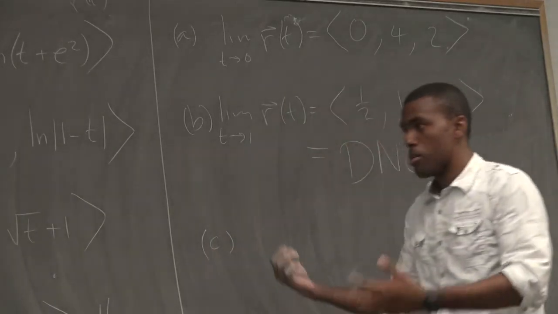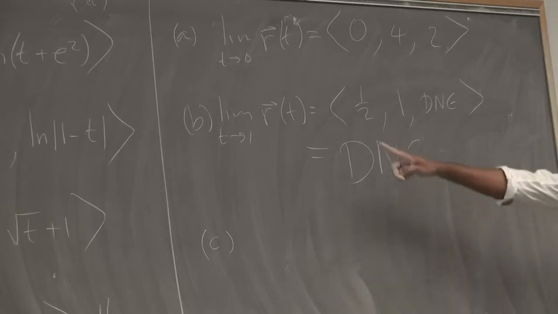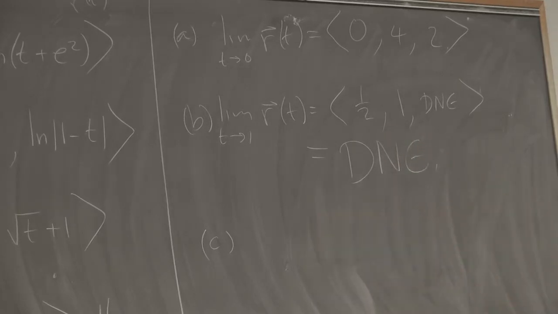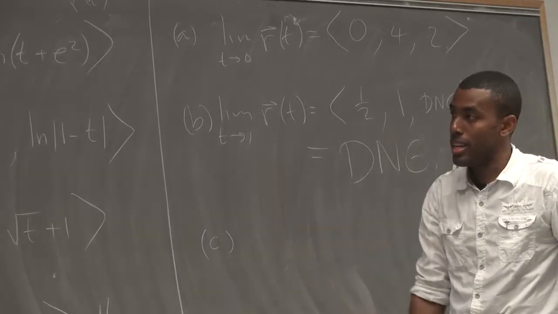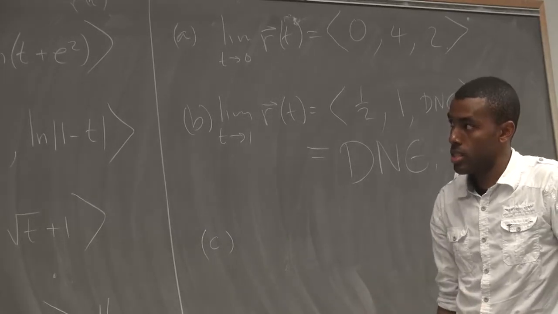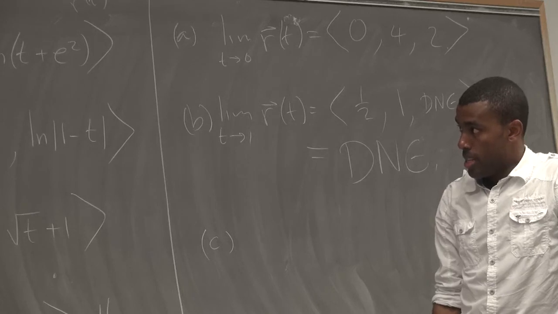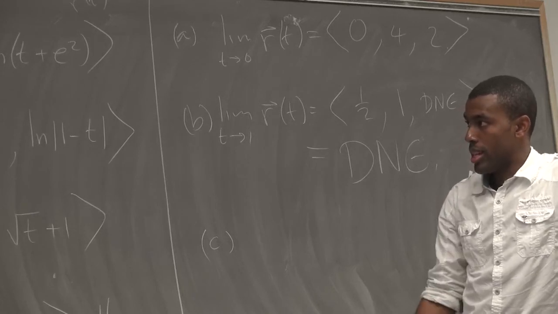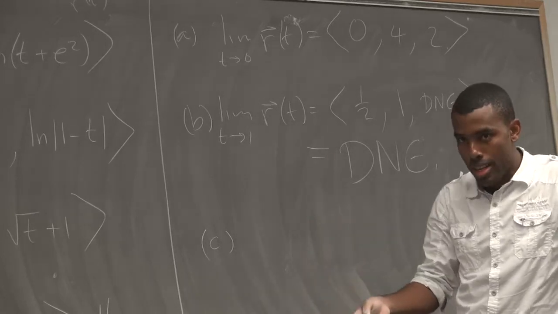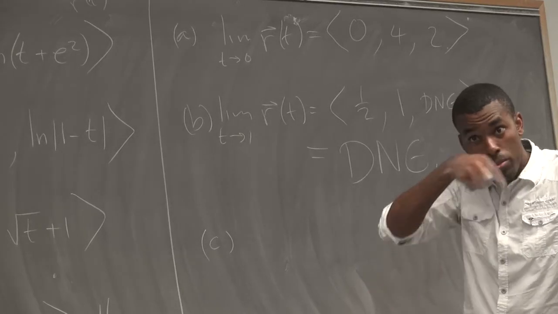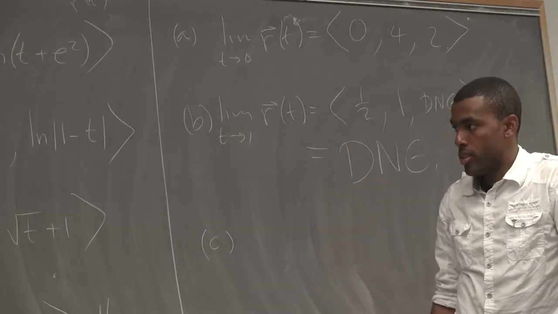All components have to play well together. One was just a really bad point. It wasn't in the domain, and the limit doesn't exist. And even if I did the one-sided limit, where you can get infinity, infinity can't be a component of a vector. So in either case, it won't exist.